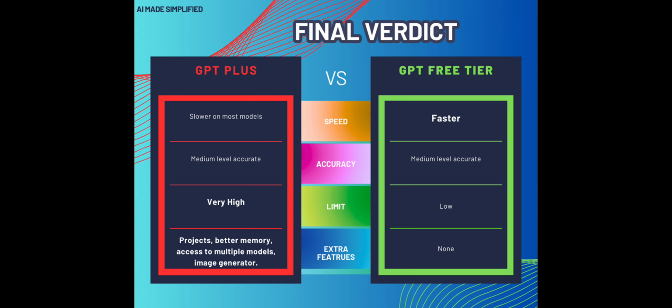And if we talk about the limits of both, GPT Plus has a very high limit compared to the free model, because GPT Plus gives access to all of the models, including O1 mini. So obviously the limit is a factor over here.